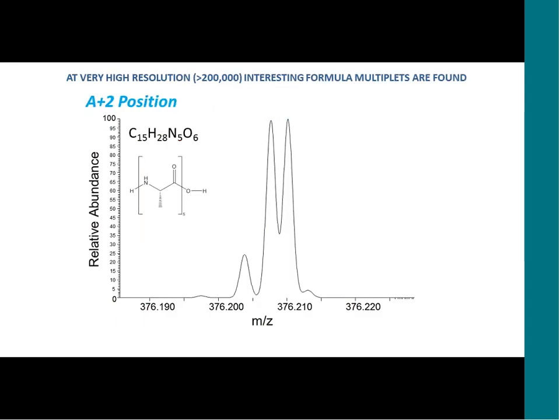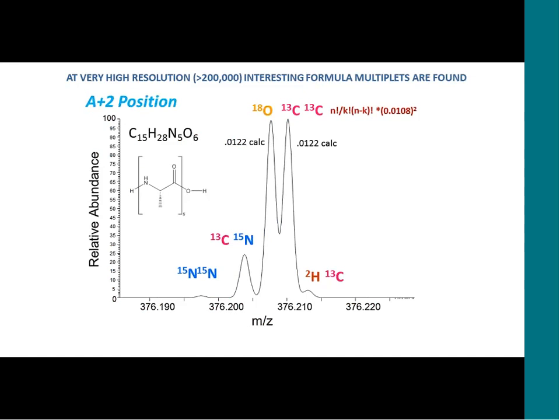So here you go. This is alanine pentapeptide. This is theoretically what the data would look like at the specified resolution of 240,000 at the A+2 position. So 2 ticks, if you will, 2 Daltons roughly above the monoisotope peak. And that is the description of those lines.